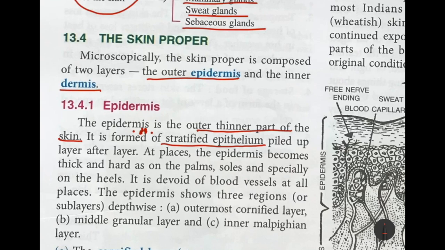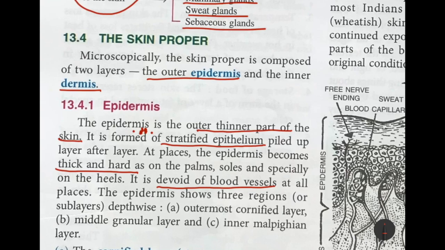They are piled up layer after layer, and at some places, like the palms of our hands and the soles of our feet, especially the heels, the epidermis is thick and hard. It is devoid of blood vessels at certain places. That is why sometimes you can put a safety pin through the thin uppermost layer of the skin.